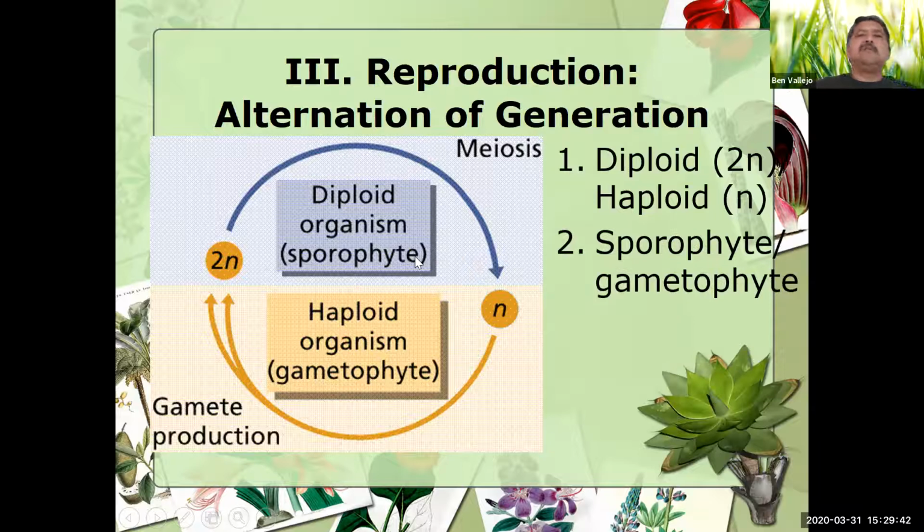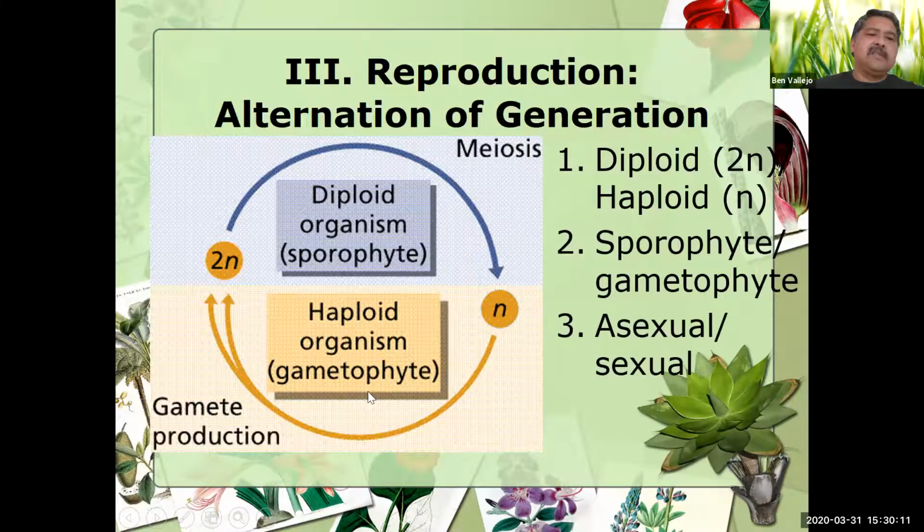But also, it's not just diploid, haploid, but it's sporophyte and gametophyte. So a sporophyte is a plant that comes from a spore, and a gametophyte is a plant that comes from gametes. So a gametophyte is a plant that is the product of fertilization, and over here we see that a sporophyte is a plant that is the result of meiosis.